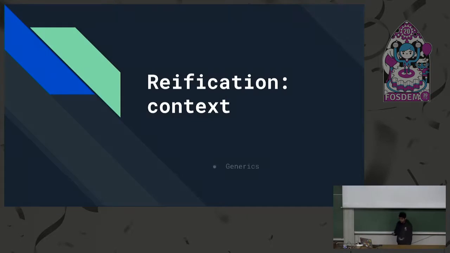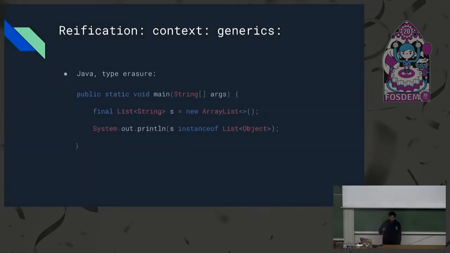The context for it definitely is generics. If you take Java, for example, how many of you know the type erasure concept in Java? Theoretically, anything inside angle brackets, once it's passed into the compiler, you don't have the instance of it at runtime. The runtime does not know what type of instance it is.